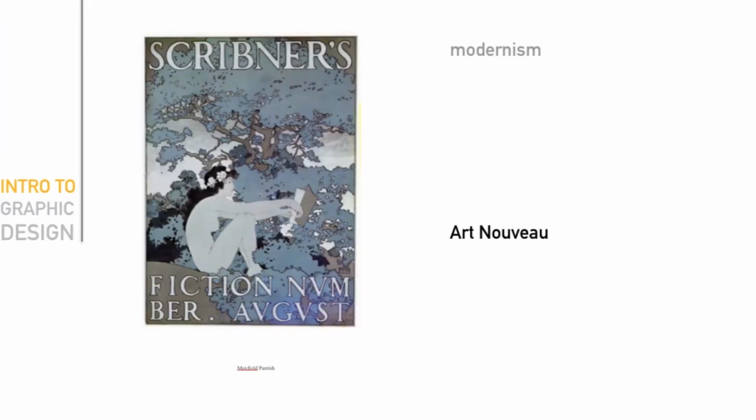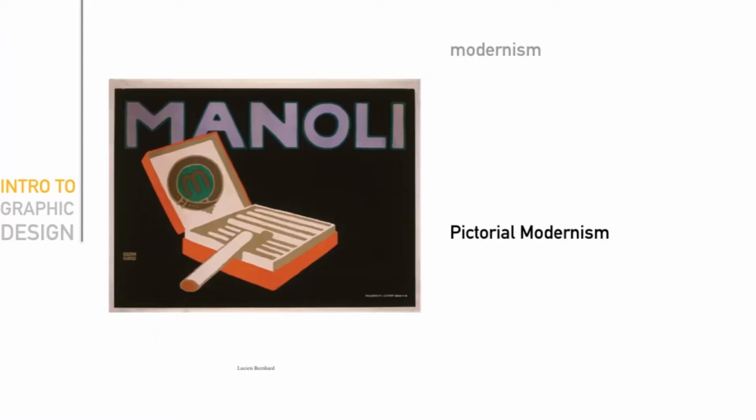And Maxfield Parrish was another very well-known American illustrator coming out of the Art Nouveau tradition. Pictorial modernism focused on poster as the graphic environment, and the purpose was advertising.